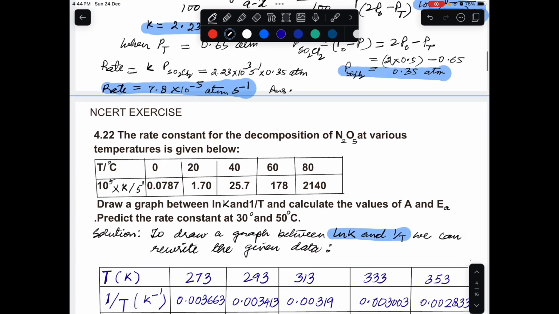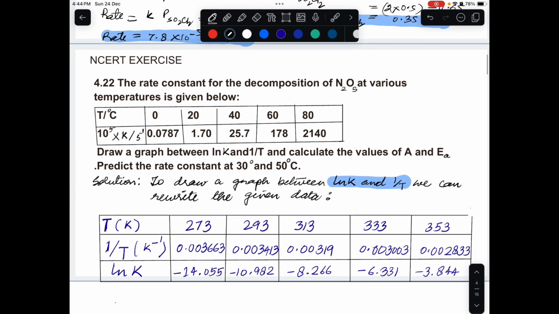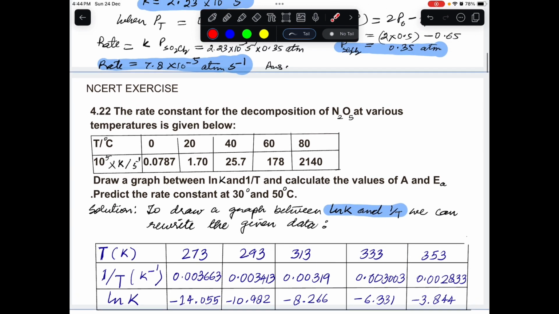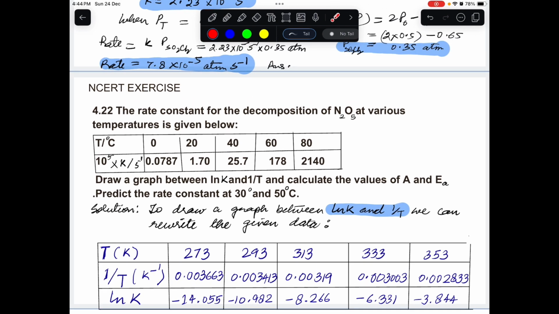Now come to the next one, 4.22. What they have given in this question: the rate constant for the decomposition of N2O5 at various temperatures is given below. They have given a table. In this table, they have given different temperature values and the values of the rate constant in the second row.